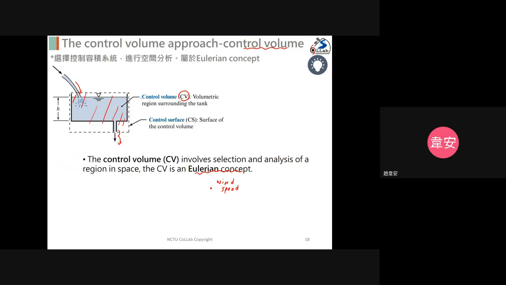Because we have already defined the control volume, the control volume doesn't change with time. So we always focus on the physical property changes in this control volume space. So this is based on the Eulerian concept.